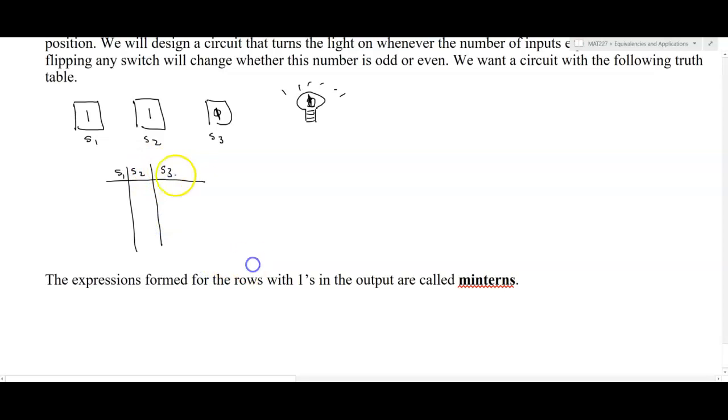To look at all the combinations of these, we're going to have 8 of them. By the way, if you look at 2 to the third, you're going to have 2 possibilities for each switch, multiplied by the 2 possibilities for the second switch, multiplied by the 2 possibilities for the third switch. So there are 8 different positions that you can have.